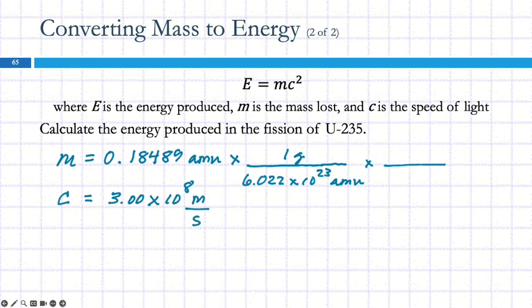And then kilograms to grams. The prefix kilo means 10 to the 3. So 1 kilogram is 1 times 10 to the 3rd grams. Okay, so we'll take our atomic mass units and divide by Avogadro's number, and then divide by 1,000.